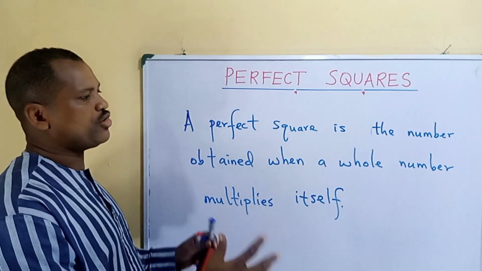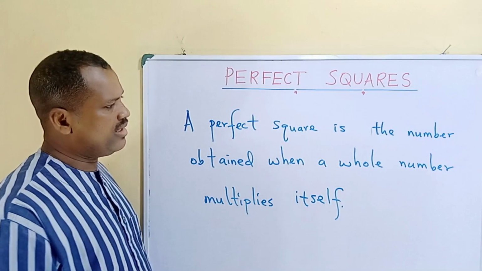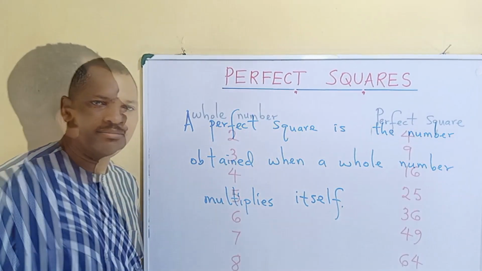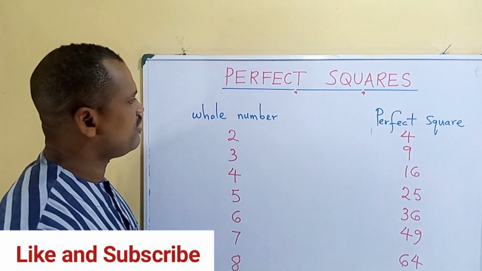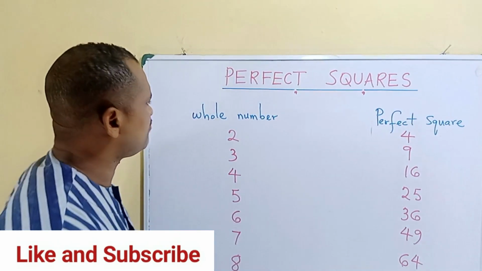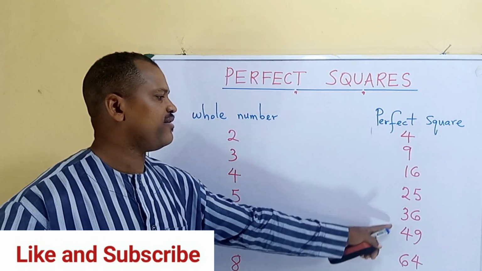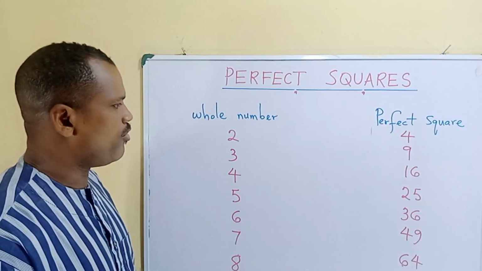So let me just give you some perfect squares so that you will get to know them and master them. So here are examples of perfect squares: 4, 9, 16, 25, 36, 49, 64.